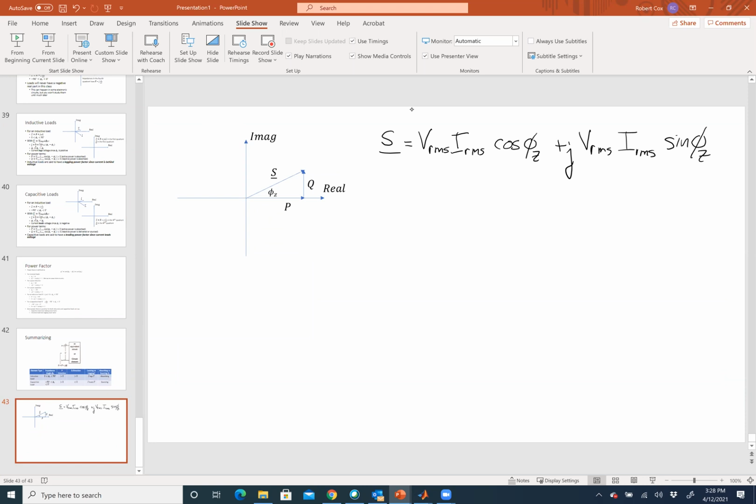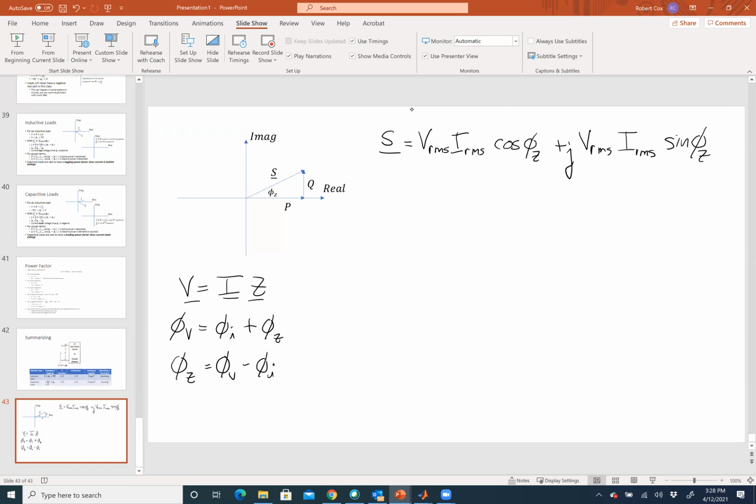We also said, since V equals I times Z, that's just our vector Ohm's law, the angle of the voltage equals the angle of the current plus the angle of the impedance. So the angle of the impedance is the angle of the voltage minus the angle of the current.